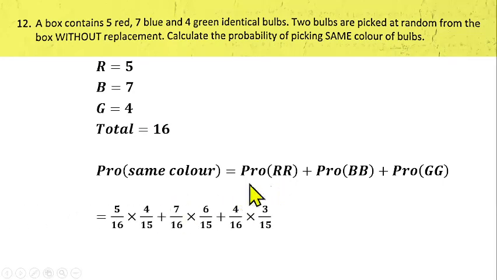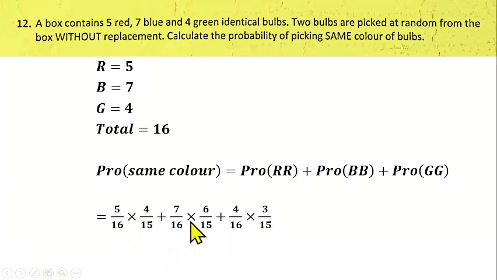Then plus the probability of the first blue, which is 7 over 16, times the probability of the second blue, which will be 6 over 15, because it is without replacement, plus the probability of the first green, which will be 4 out of 16, times the probability of the second green, which will be 3 out of 15.